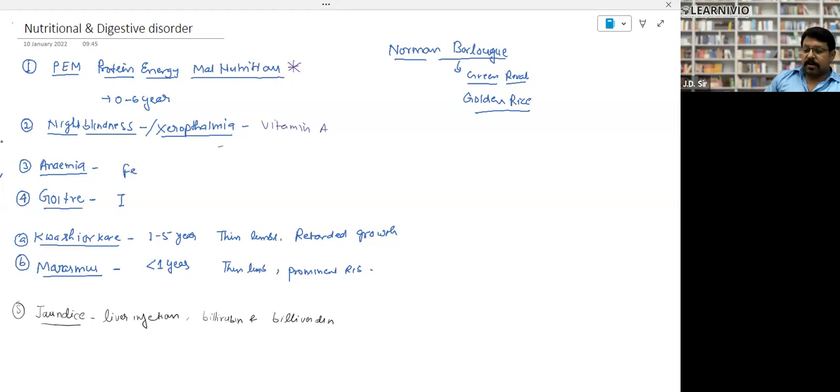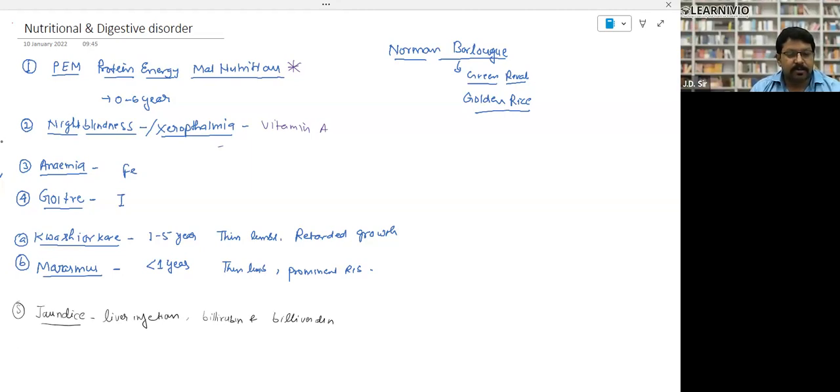So these are some disorders. And one more disorder is PEM, protein energy malnutrition. It takes place in children 0 to 6 years, right? Night blindness takes place due to deficiency of vitamin A, anemia due to iron, goiter due to deficiency of iodine. Kwashiorkor occurs in 1 to 5 year old children, with limbs and retarded growth due to malnutrition, right?